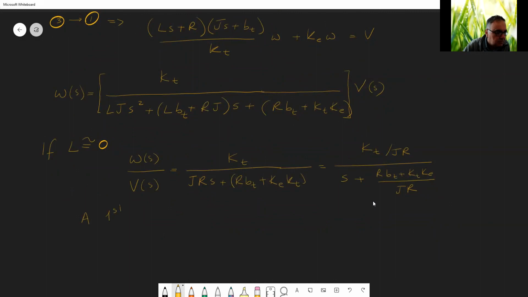A first order differential equation, which relates the angular velocity of the motor to the voltage input. Okay, it's a dynamic equation.